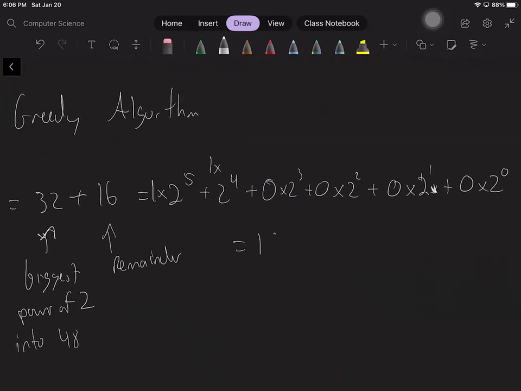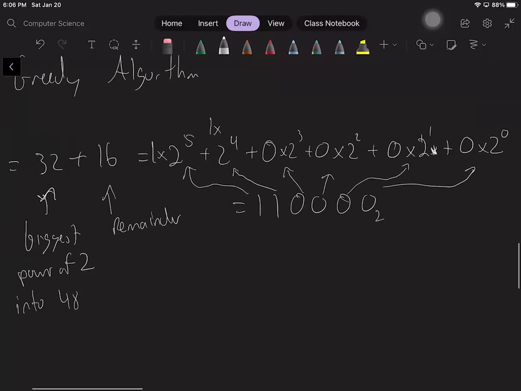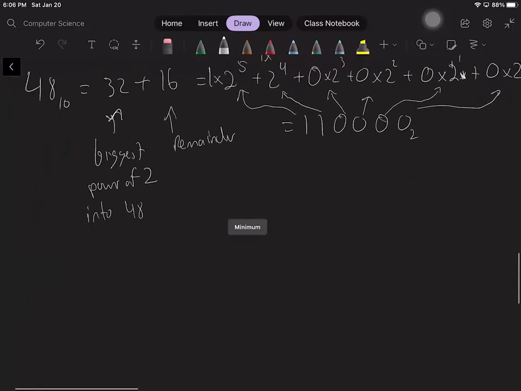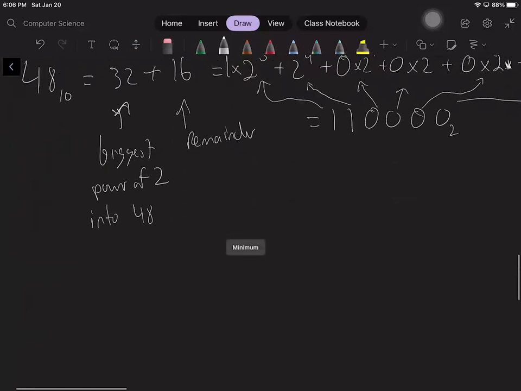So it would be 1 1 0 0 0 0. There's no 2 to the 0s. There's no 2 to the 1s. There's no 2 squareds. There's no 2 cubes, but there is a 2 to the 4th and there is a 2 to the 5th.